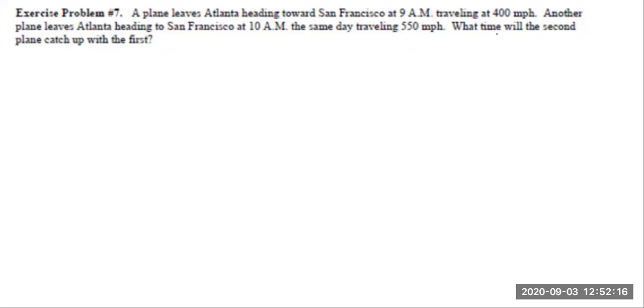So we got 2 planes, and again, I'm just going to sketch this. We got one plane. These are planes. Sorry, they're terrible looking planes, but they're leaving Atlanta. One plane leaves Atlanta and starts heading towards San Francisco.